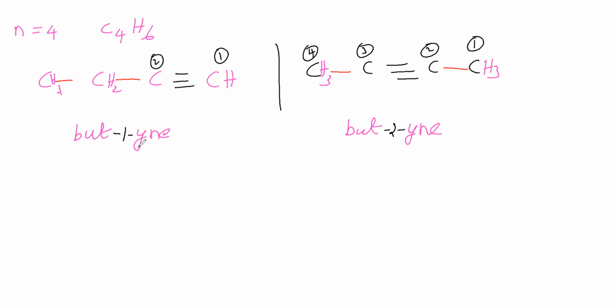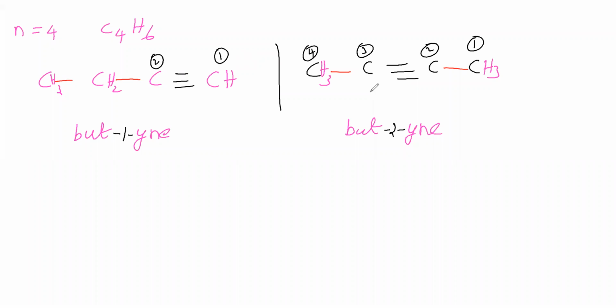Now you say, but-1-yne and but-2-yne are coming under which isomers? Shall we say structural isomers? Yes. Why? Because the structure is different. Therefore, structural isomers. Shall we say chain isomers? No. Why can we not say chain isomers? Because here the parent chain contains 4 carbons, and here also the parent chain contains 4 carbons.